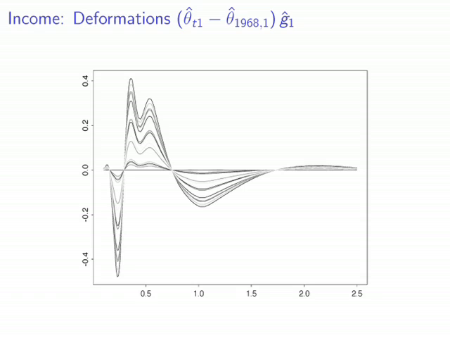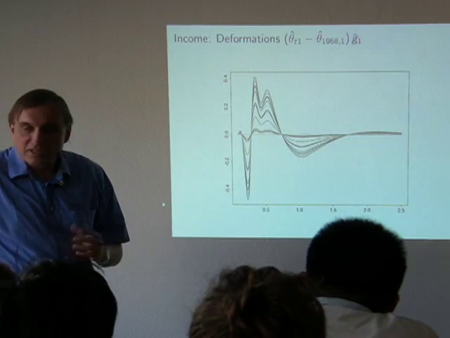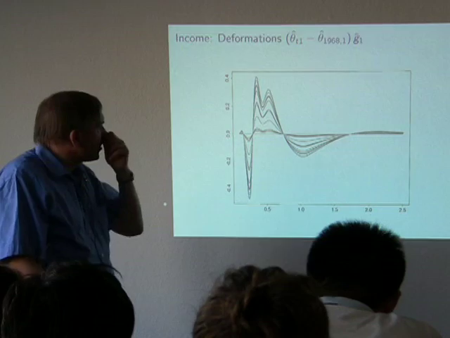So you see for t equal to 1968, that's just the 0 line. For 69, that's just theta hat 1969 minus 68 times G1. This gives then how the density from 69 differs a little bit from that in 68, at least concerning the first principal component.